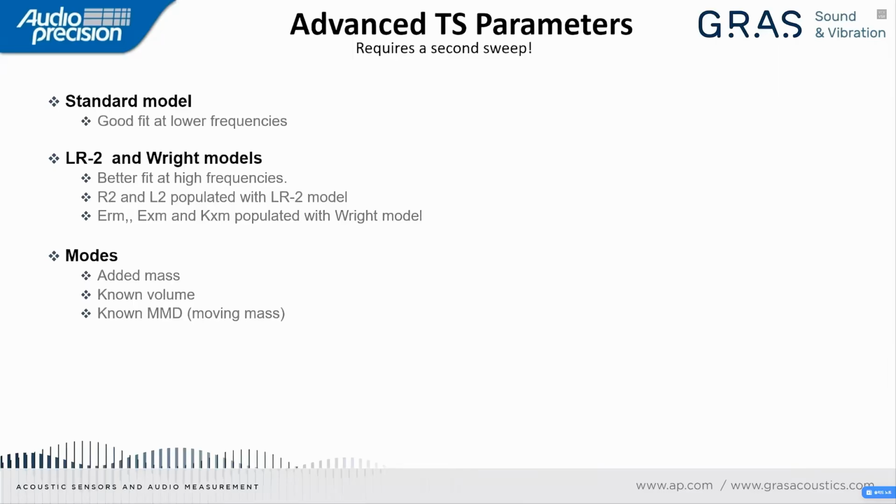LR2 and Wright models a better fit at high frequency, and the LR2 will provide populated results in the Thiele-Small parameters for R2, L2, and ERM, EXM, KXM will be populated with the Wright model. Now, the way to achieve these full Thiele-Small parameters, most commonly used, would be added mass.